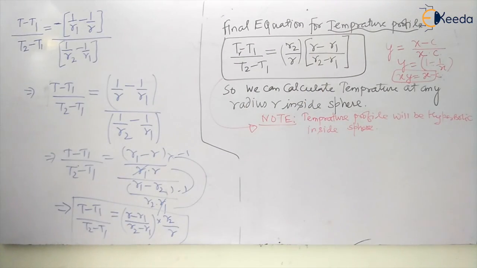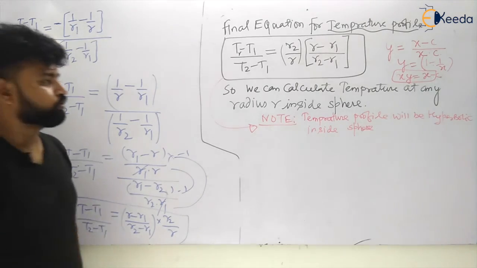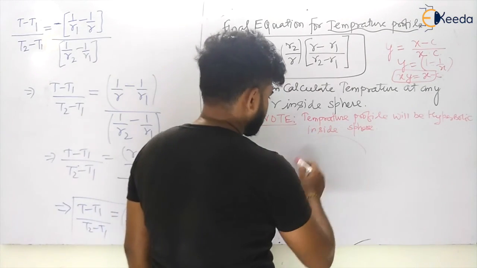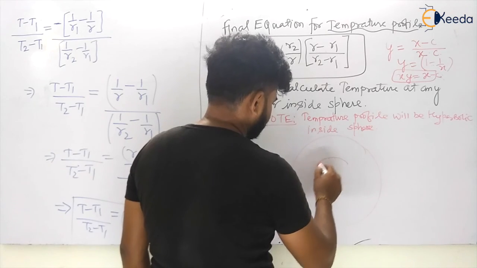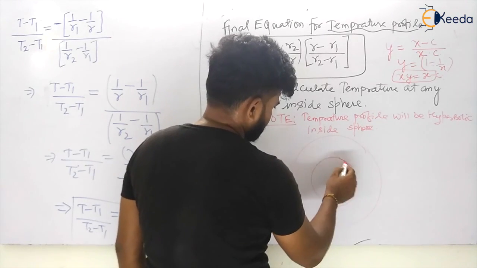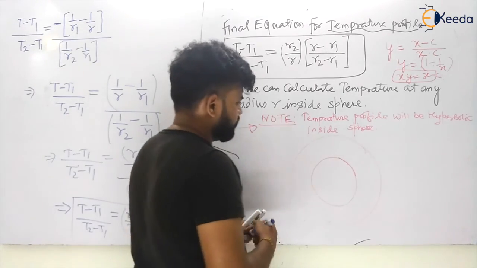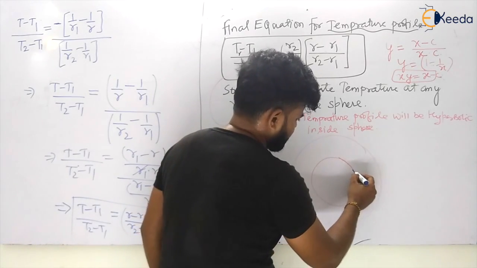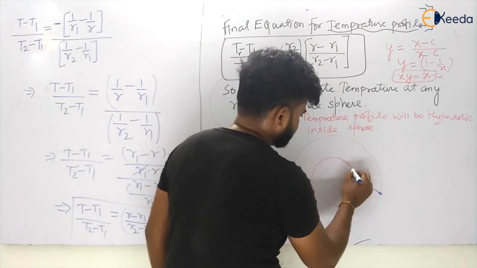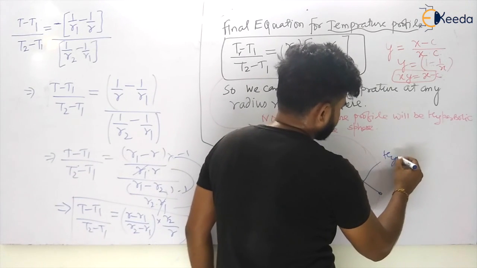So how can you show this? If there is a sphere, the temperature drop will be hyperbolic in this case. How? Some equation will be like this, something like this. This will be hyperbolic.